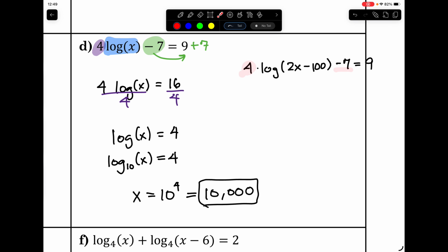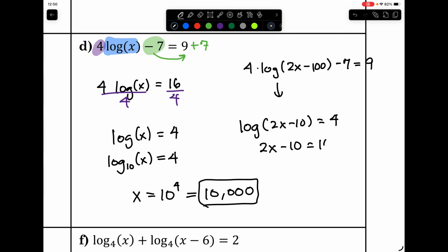These two things will be done, and eventually we'll end up with log of 2x minus 10 equals 4. So 2x minus 10 equals, like I mentioned before, 10,000. Because we're going to do everything the exact same way. The only thing that's going to change here is that we're not going to stop at 10,000 because of this part right there. So this just simply requires us to solve the equation by adding the 10 to both sides and then dividing that answer by 2. So 2x will equal 100. That was supposed to be 100 originally.